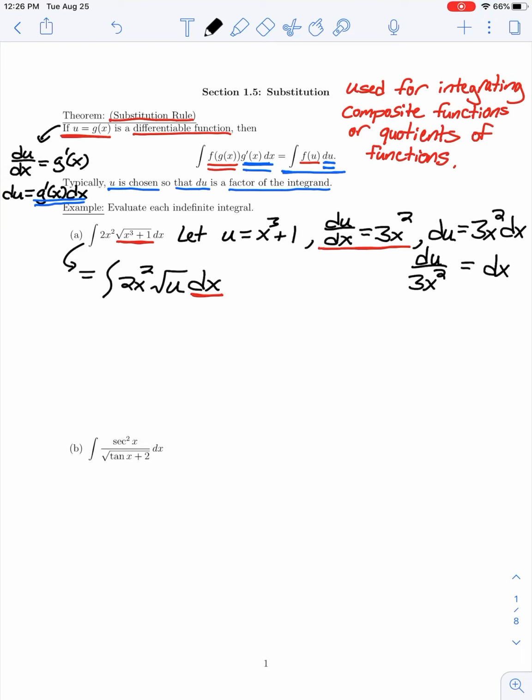So let's take that expression for dx and substitute it into our integral. So we now have the integral of 2x squared times the square root of u, and then dx is equal to du divided by 3x squared.